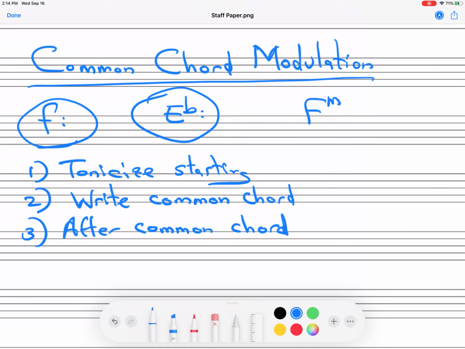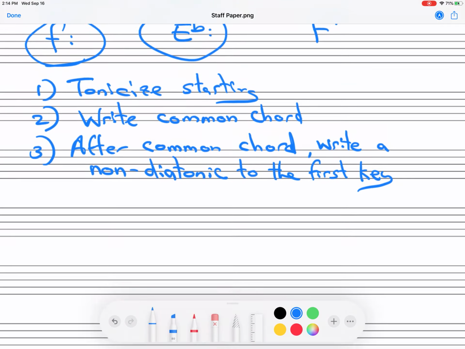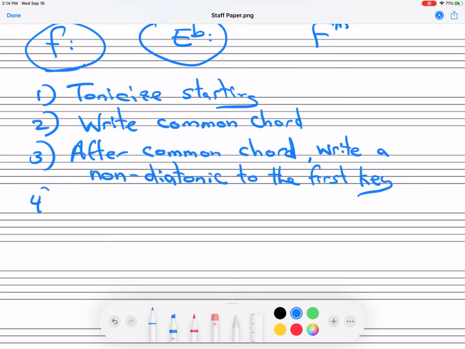All right, so after the common chord, write a non-diatonic chord to the first key. That's not really the best phrasing for that. So I hope you understand what I mean. Number 4, tonicize the new key. Alright.